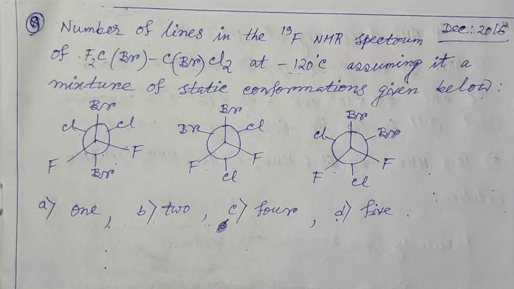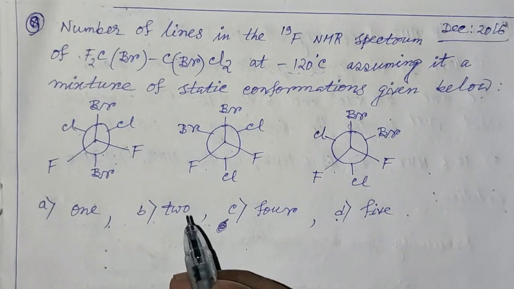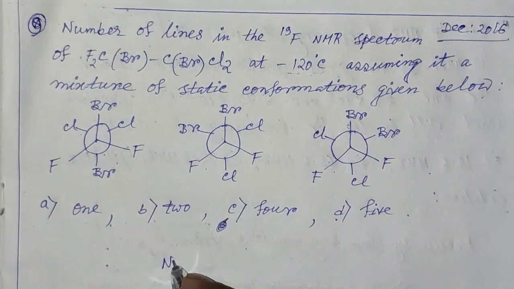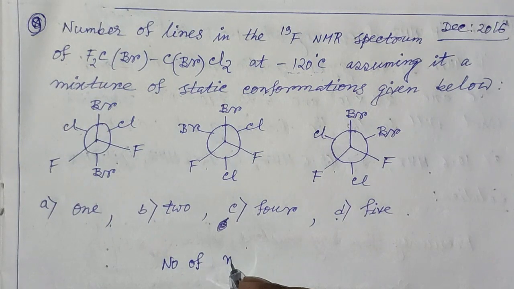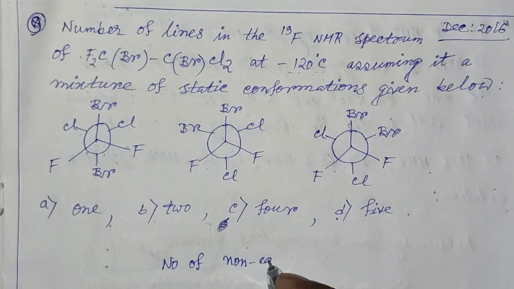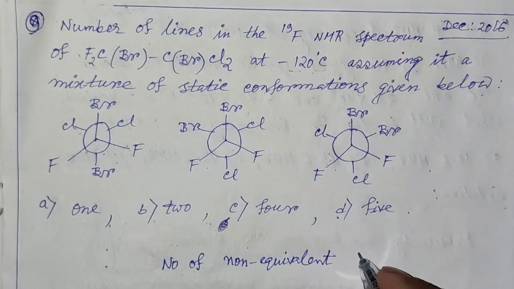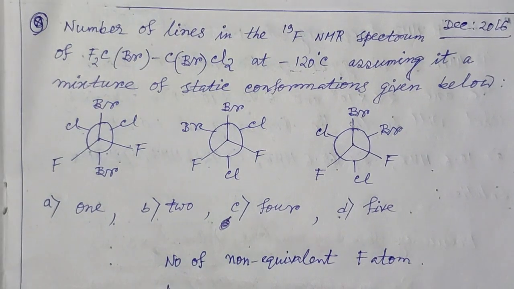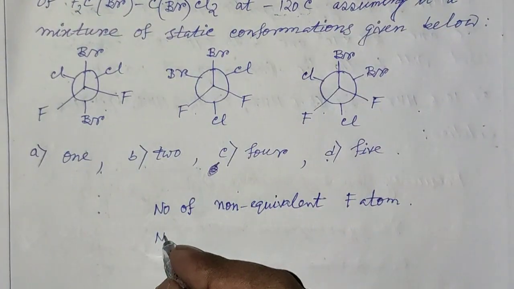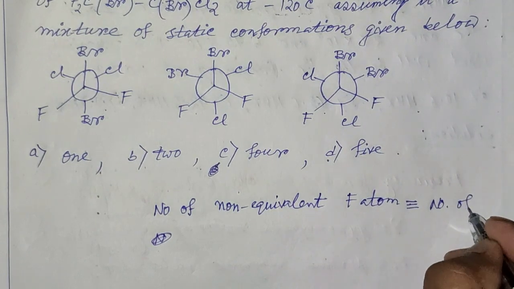That means in an easy way we can say that we have to calculate the number of non-equivalent fluorine atoms, and it will correspond to the number of lines.